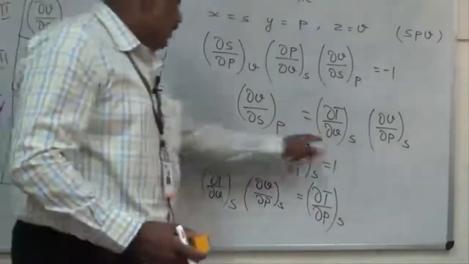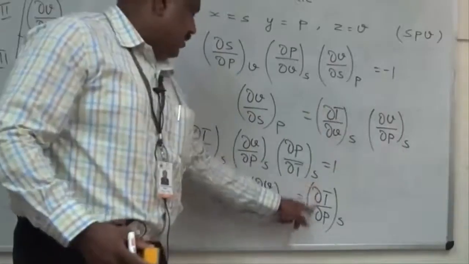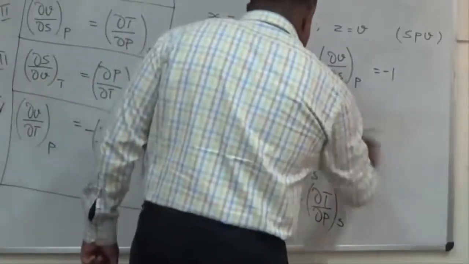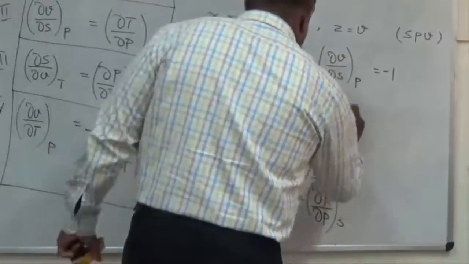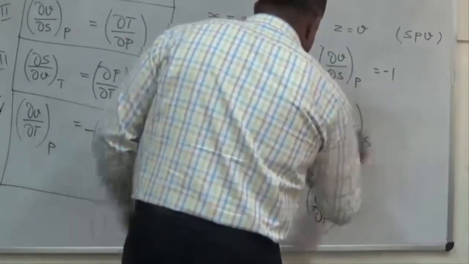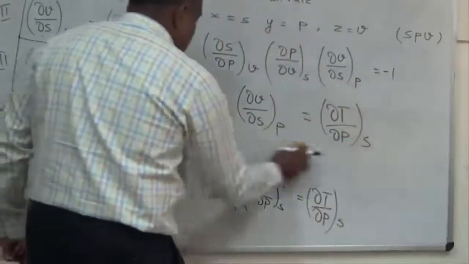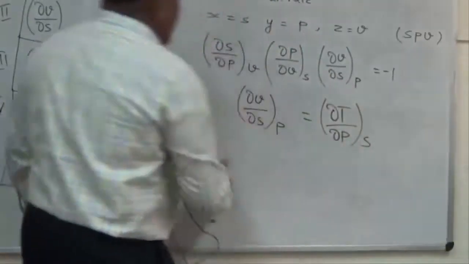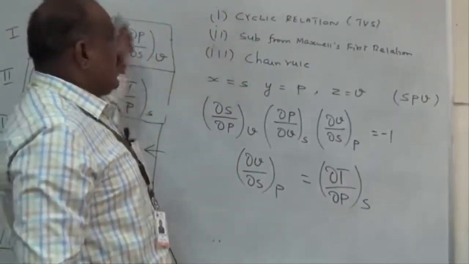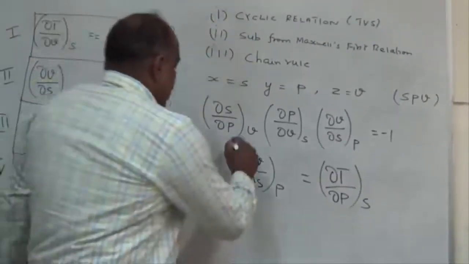So the right hand side term can be replaced with ∂T/∂P at S. That's it, because we have applied all the three tools we have. We have applied the cyclic relation, we have applied Maxwell's first relation, and we have applied the chain rule also.